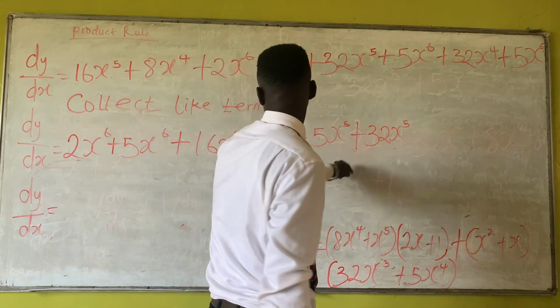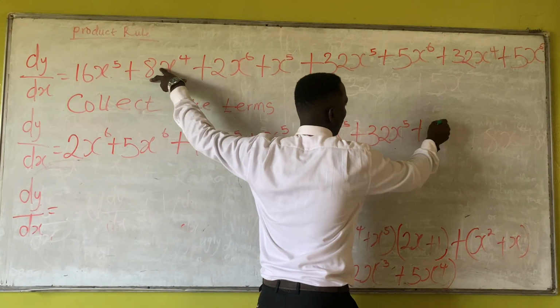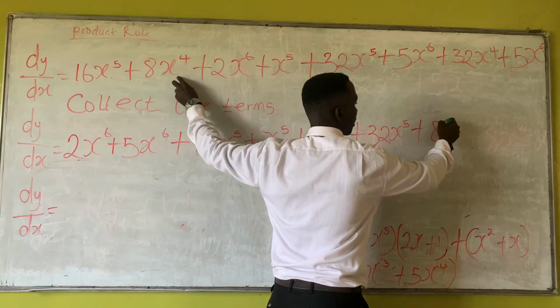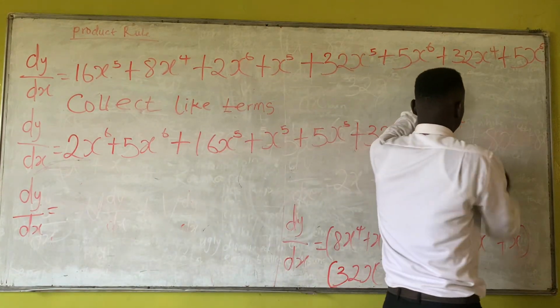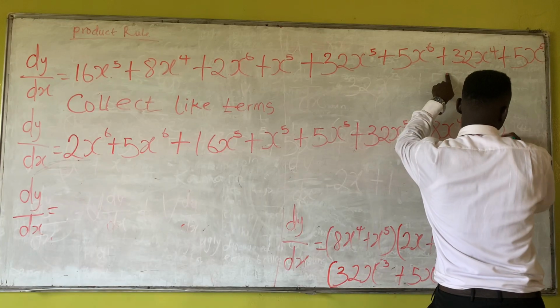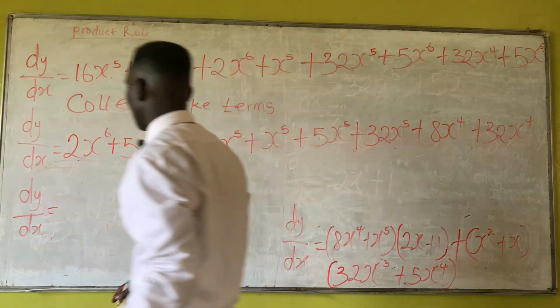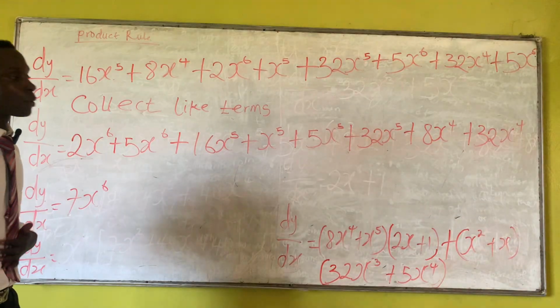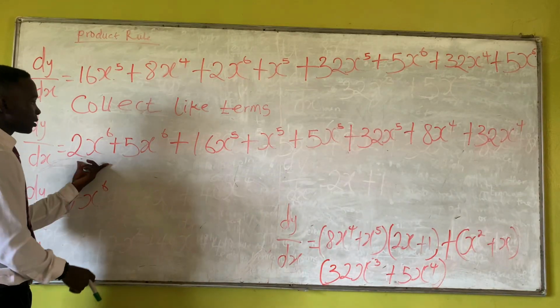Then we move to the ones that have power of 4, which is from here, plus 8x raised to the power of 4 plus 32x raised to the power of 4. So after collecting like terms, you add them together. For power 6, it is this plus this.